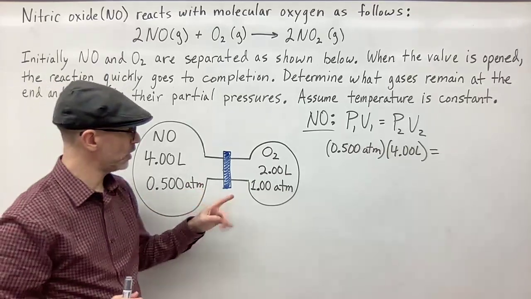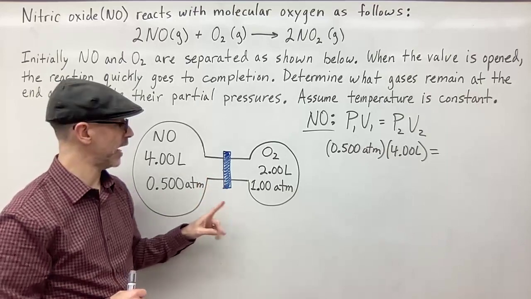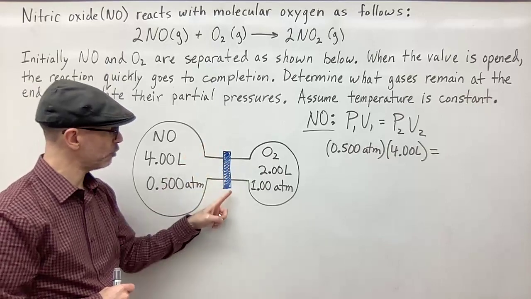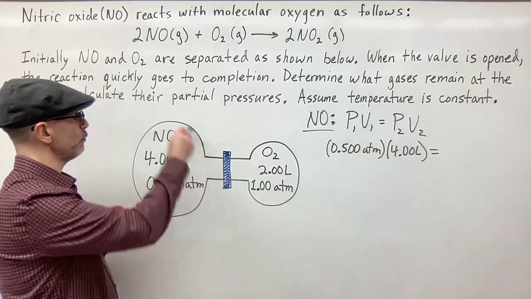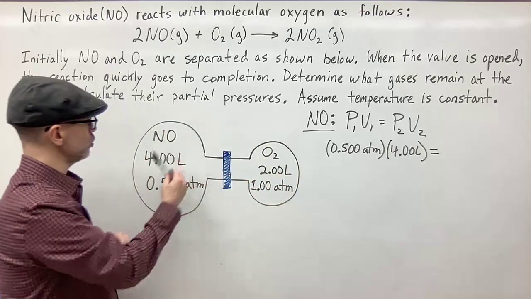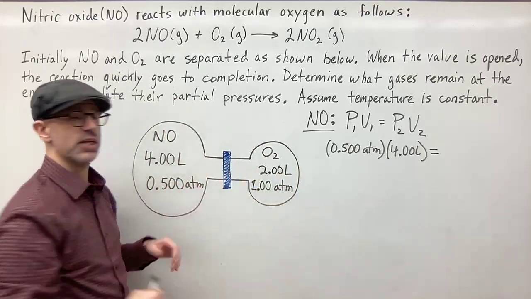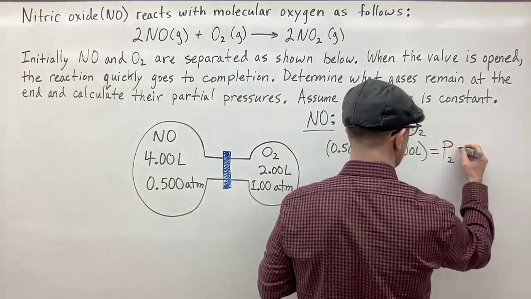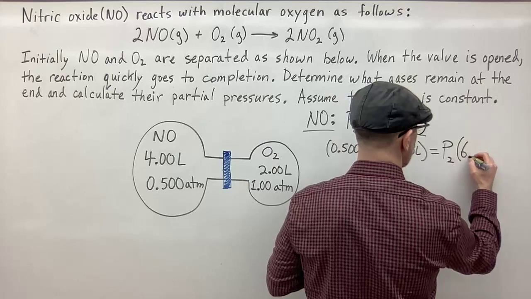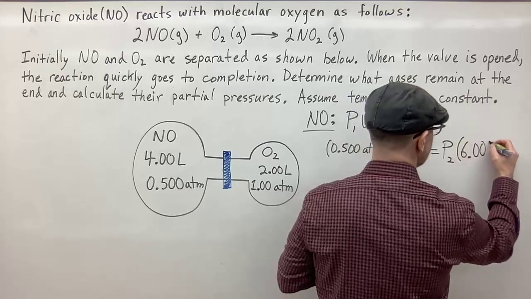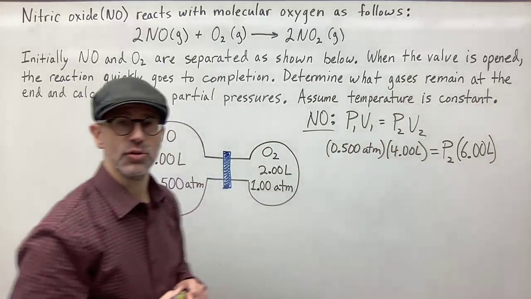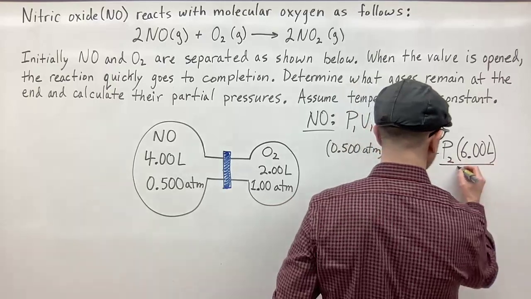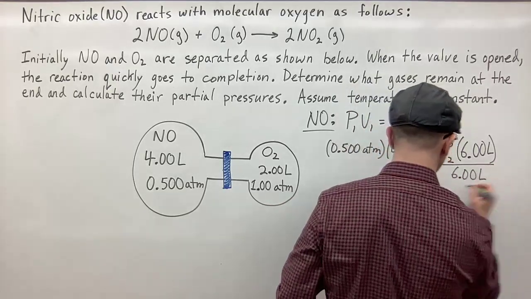We don't know what the final pressure is going to be. We're going to calculate that. But we do have the final volume, because when we open this valve, the gas will fill up the whole two sides. So it's going to be 4 liters plus 2 liters, which gives us 6 liters. P2 we don't know, that's what we're going to solve for, and the new volume once the valve is open is 6 liters. So now all we need to do is solve for P2. Divide both sides by 6.00 liters.